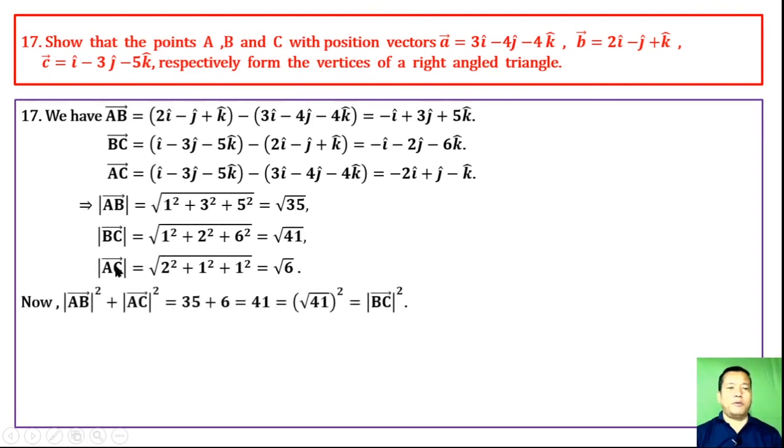Now, the magnitude of AB square plus the magnitude of AC square, summing up, we get 41, which is the square of the square root of 41, the magnitude of BC square. This shows that ABC forms a right angle triangle.